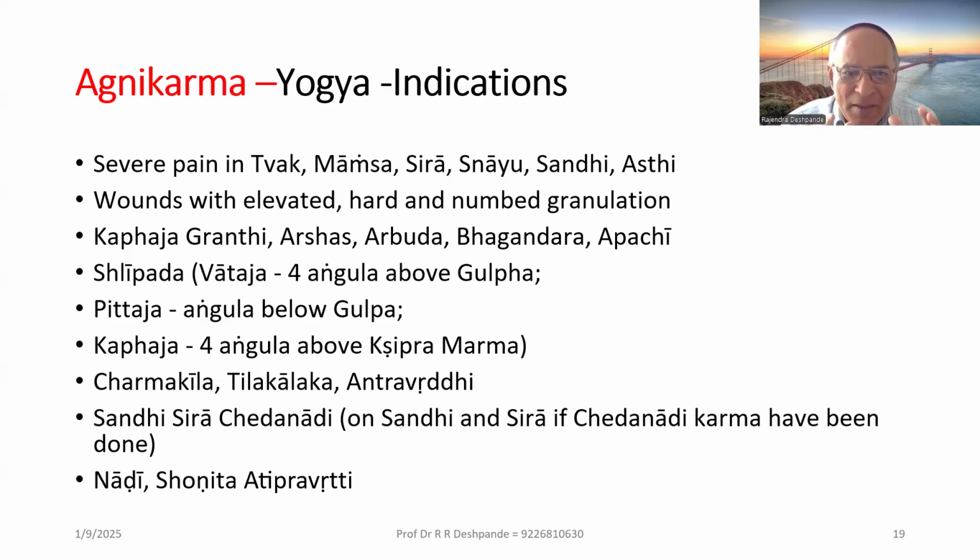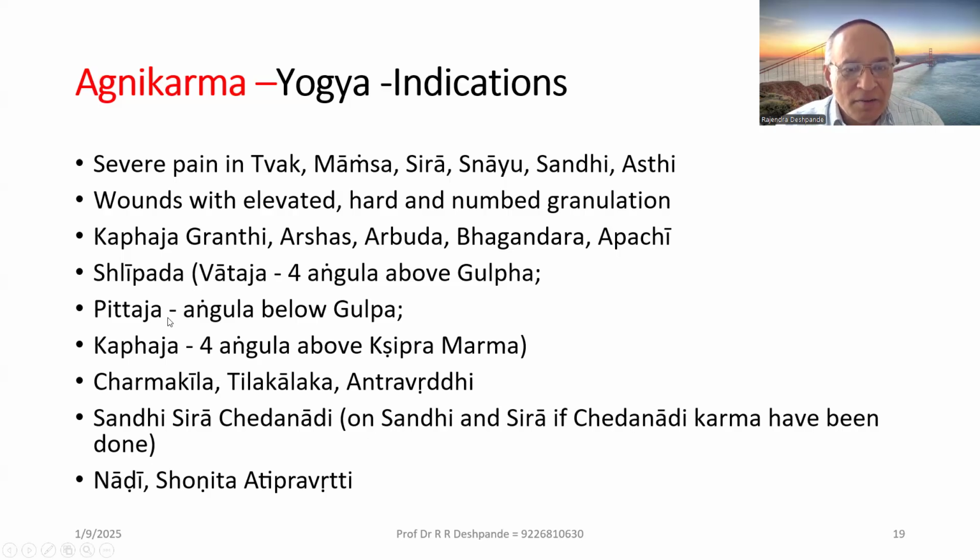Try to understand, I am giving you some practical hints for treating. Then we can use, for example, simple turmeric for Agni Karma. Different kitchen masalas can also be used for this type of Agni Karma. Some ribosomes can also be used for doing the Agni Karma.